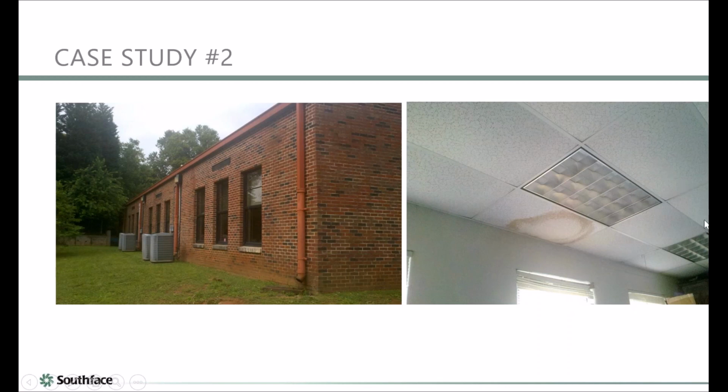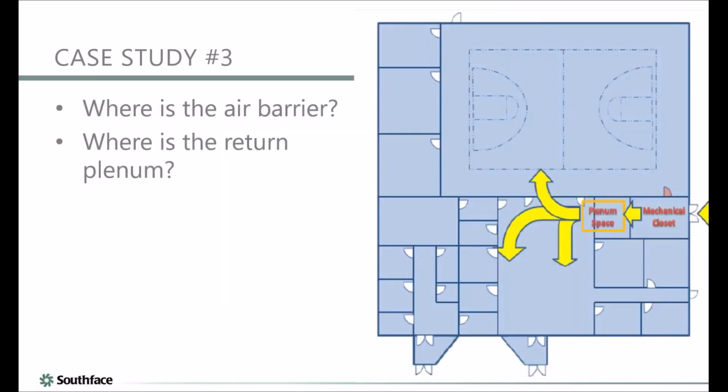Definitely. So, good example. And then Laura, this was another one that we went to that had a big gymnasium attached to a bunch of classrooms. And this one just had no defined air barrier at all. They had a mechanical closet with louver doors, and that closet was in no way sectioned off from the rest of the building.